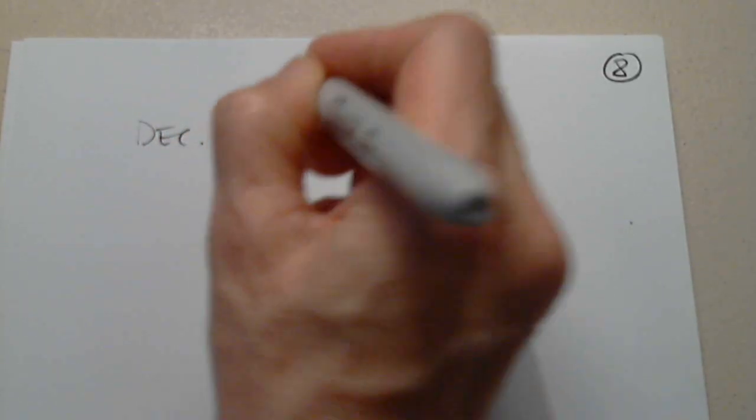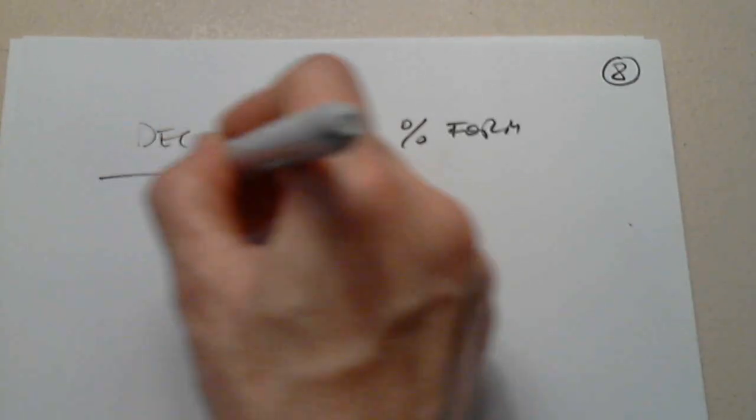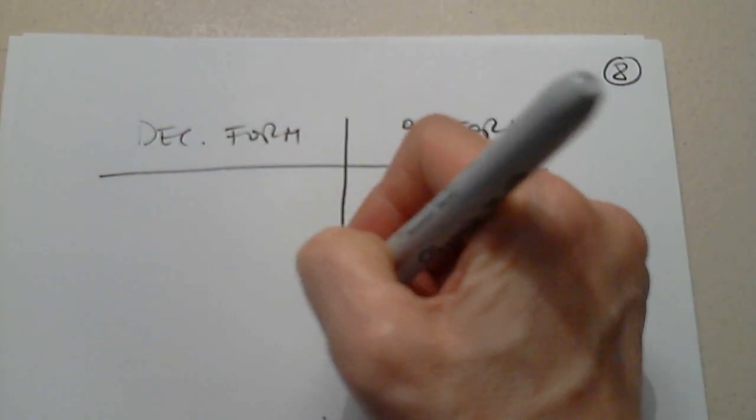And I'm on page 8. Good. Complete the table of equivalent notations. So this is the decimal form, and this is the percent form. And we have some gaps in the table.